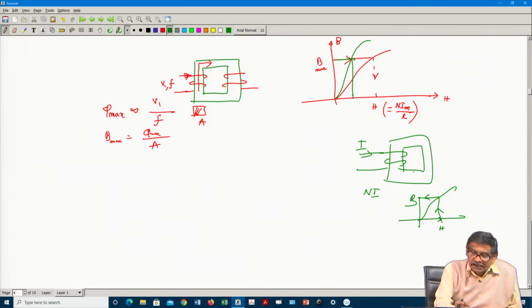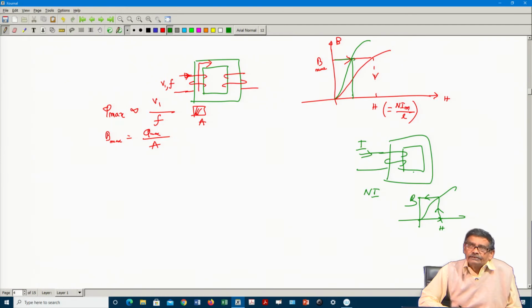You apply a voltage at a certain frequency, your phi max gets fixed, and then the current is decided. It is not in your hand.